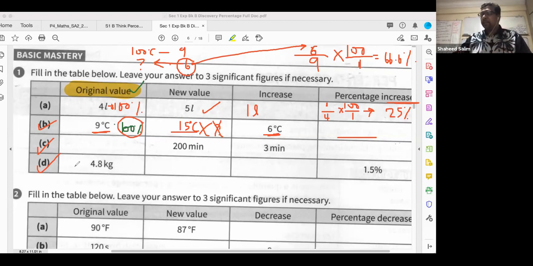Can we try question C then? When we try question C, let us see now. So if I finish the whole thing. You see 1.5.